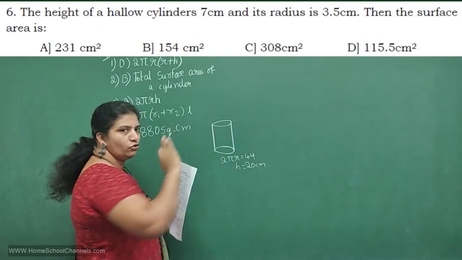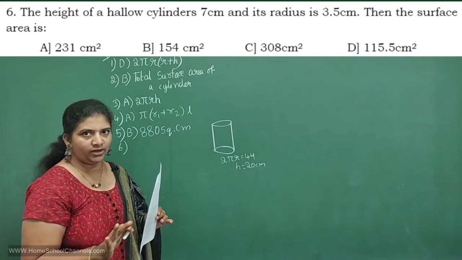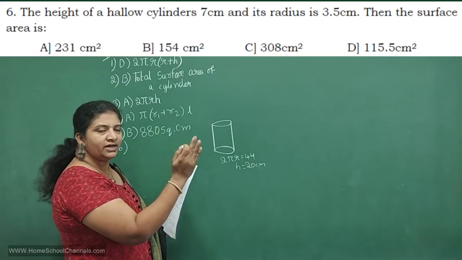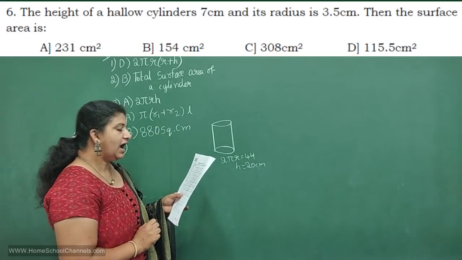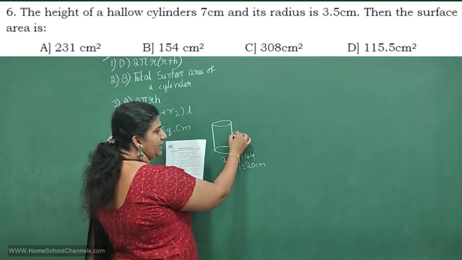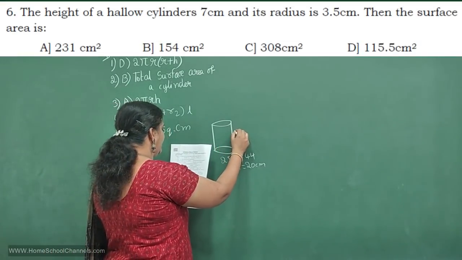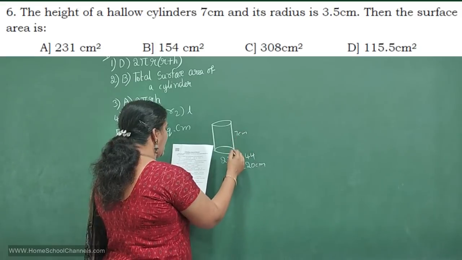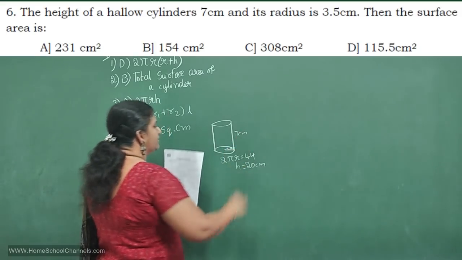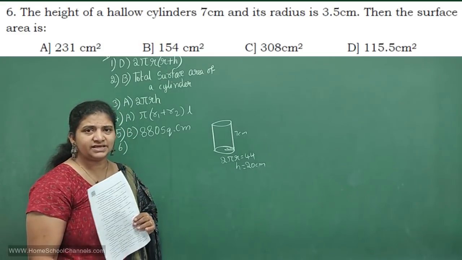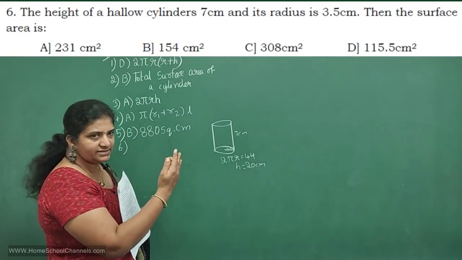Hollow means there is no top and there is no bottom. You can see only the curved surface area of a cylinder. Let me take this example. Height 7 centimeters and its radius is 3.5 centimeters. Then what is the surface area? You can see only CSA.